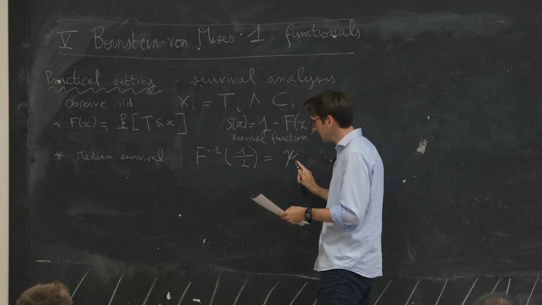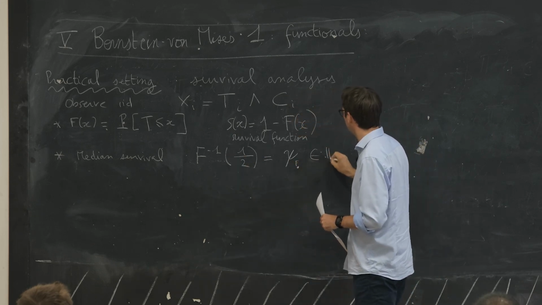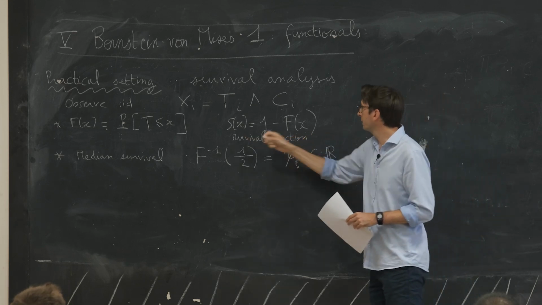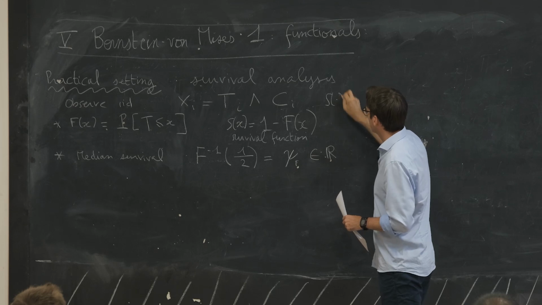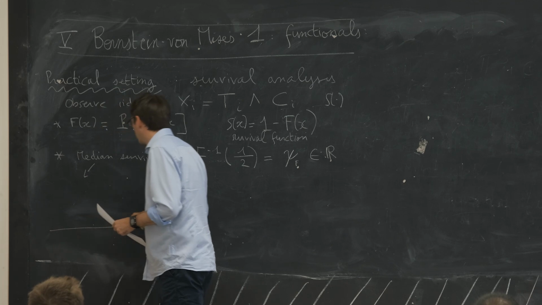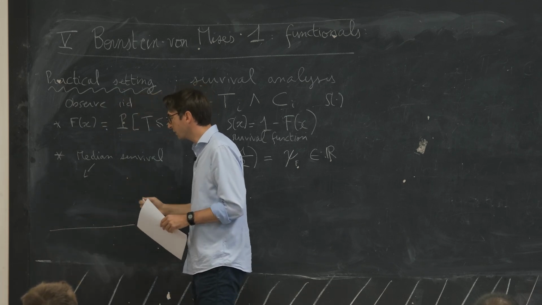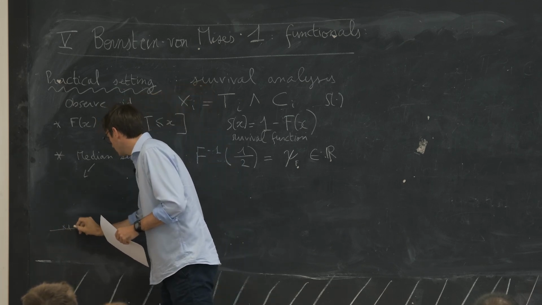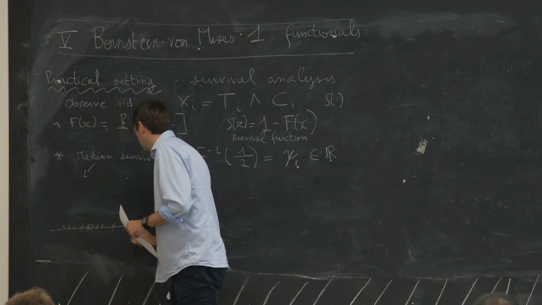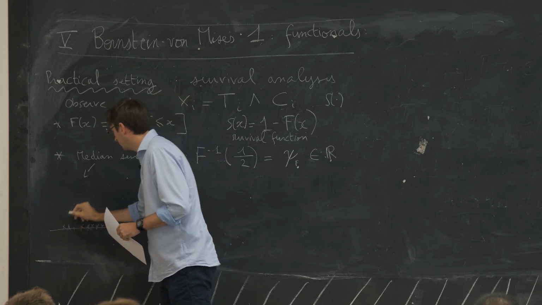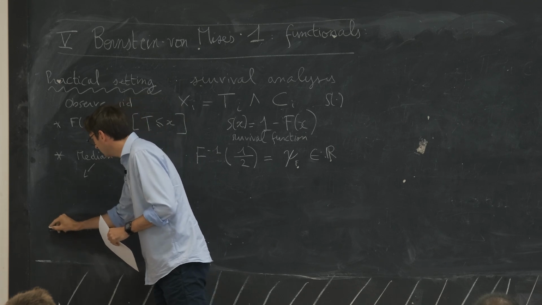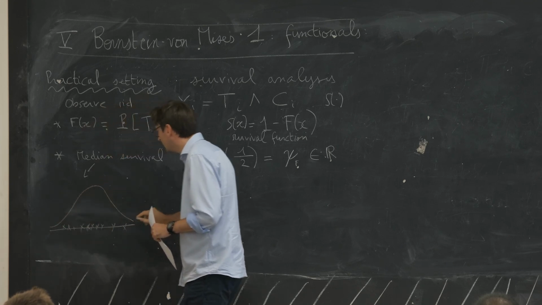For this, let me start with the second one. This one is an element, a one-dimensional functional, whereas this one is a function. In the first case, what you would observe, if you can draw from your posterior, and I sample from the posterior and plot the histogram, the empirical distribution, is something like this.